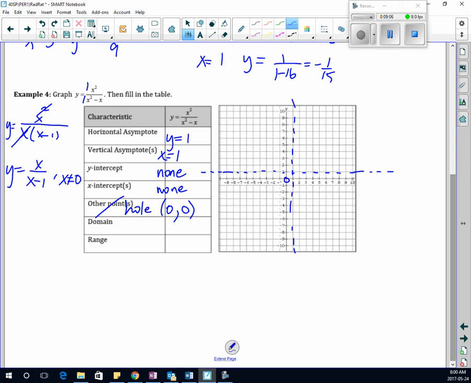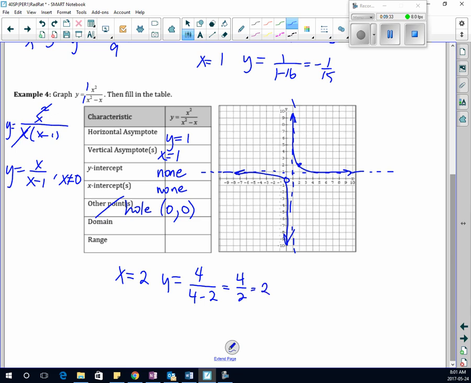Now I can see that this is going to go like this. I need to get another point. It looks like the point will be mirrored over here, but do yourself a favor and maybe just plug in 2 and verify that you get 2, 2. So when x equals 2, y equals 4 divided by 4 minus 2. 4 divided by 2 is 2.